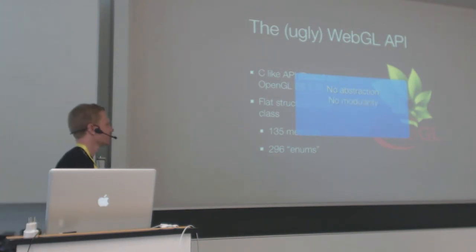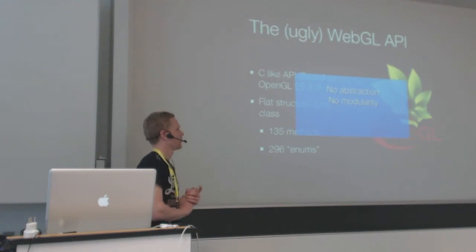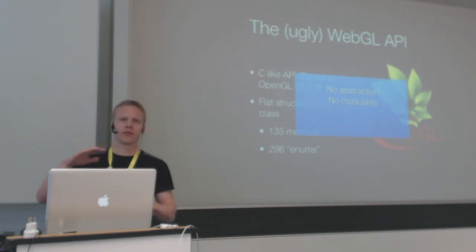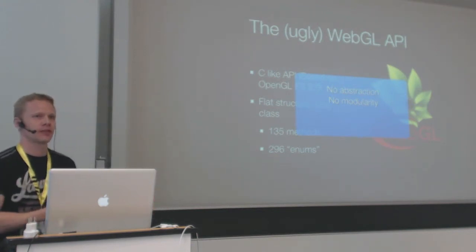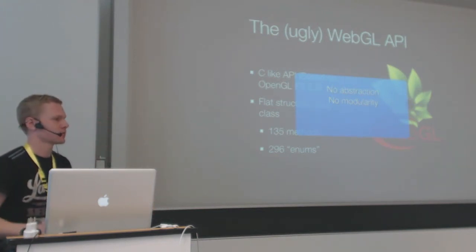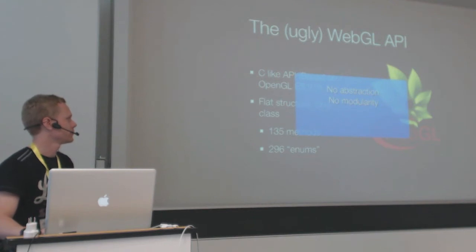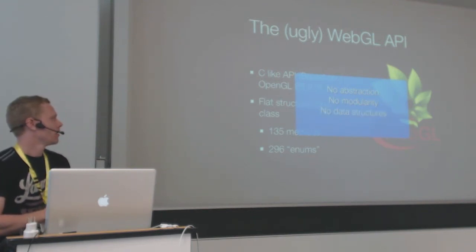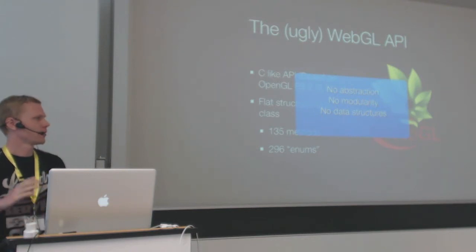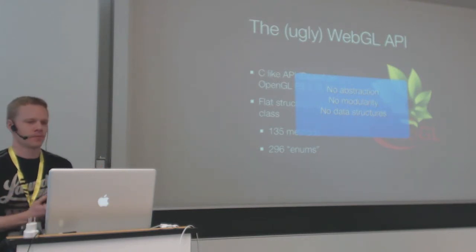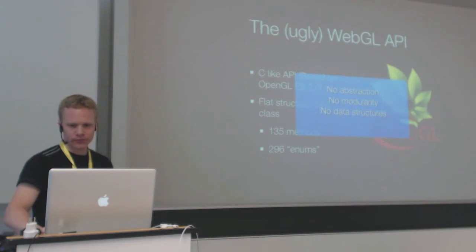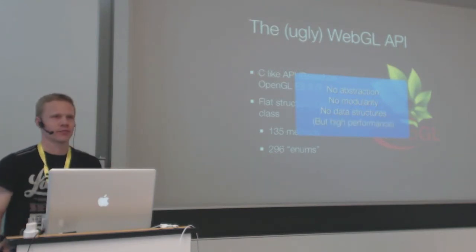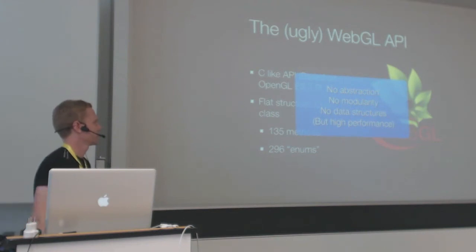There is no modularity. A JavaScript developer usually expects to find a few classes and stuff like that, but here it's basically just one class that contains nearly everything. There are no data structures. This means that you work with blocks of memory. But of course, it performs well, and that's the reason why we use it.